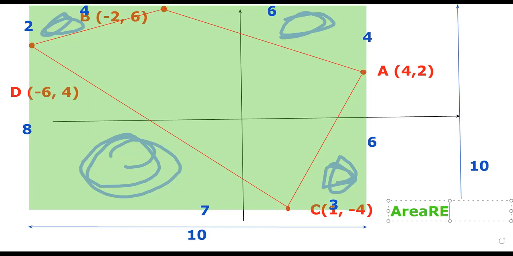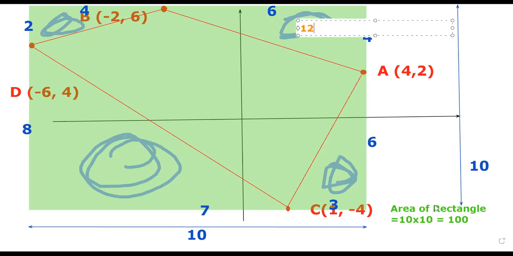So we can find out that the area of the rectangle is equal to 10 times 10, which is equal to 100. Now for each of these right angle triangles, the topmost one is 6 times 4 divided by 2, hence it will be equal to 12.